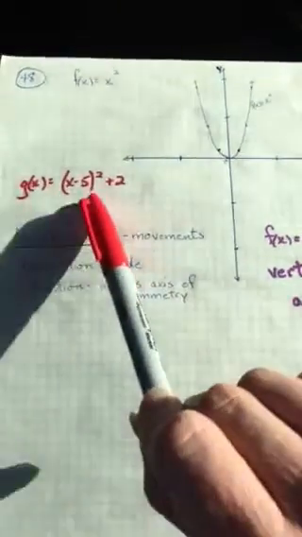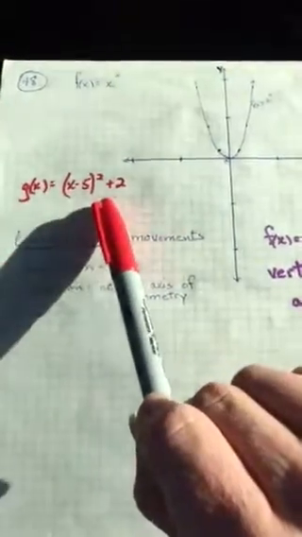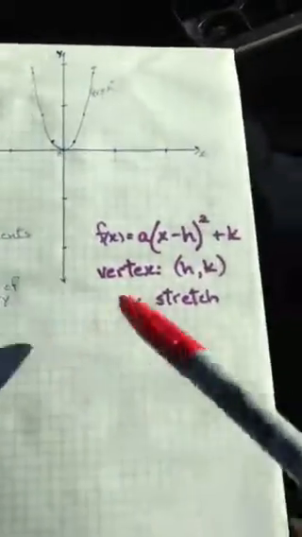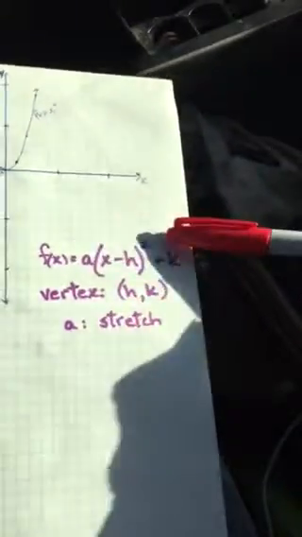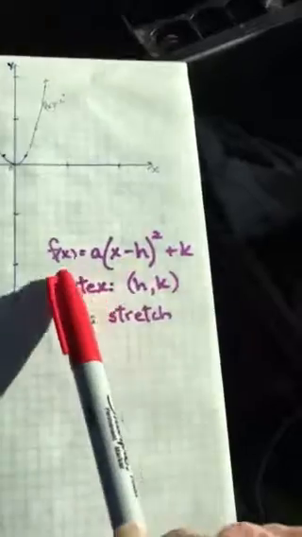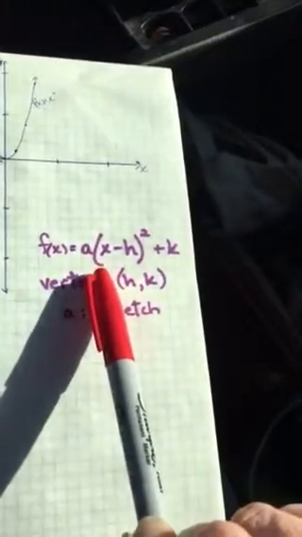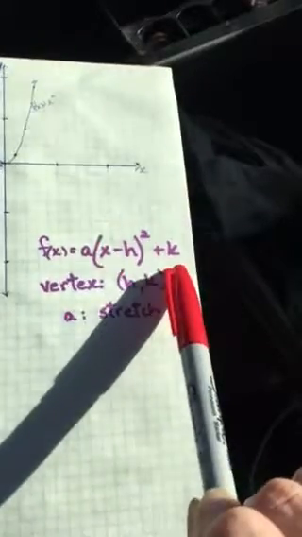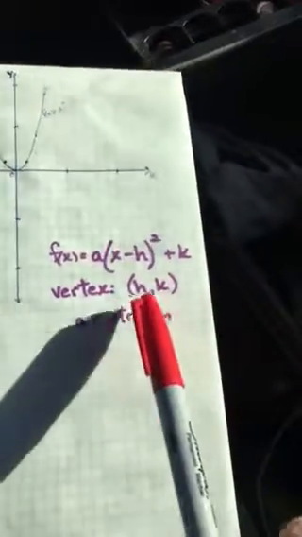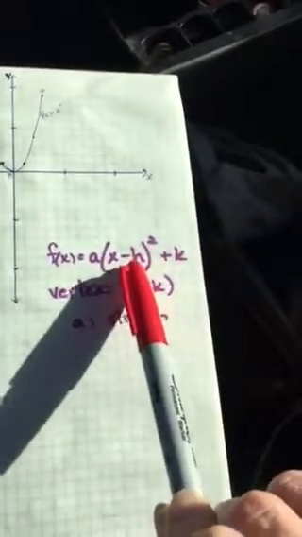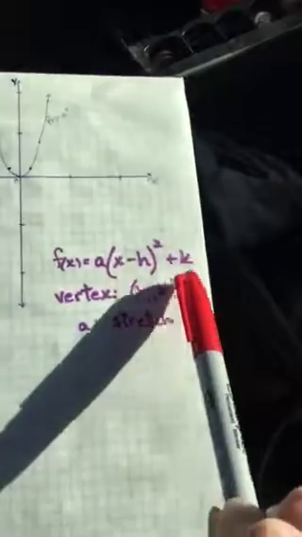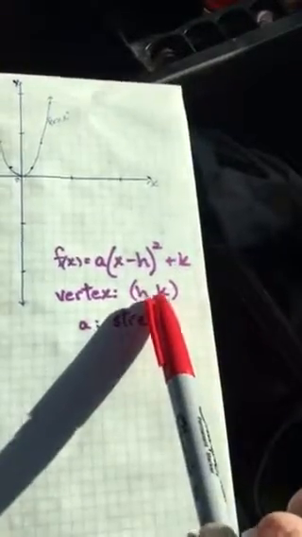Okay? All right, so just a reminder that when a function is written in vertex form, here it is, f of x equals a times the quantity x minus h squared plus k. The vertex is h, k. Remember, you take the opposite of that number that's with x in the parentheses. So h, k, that's the vertex.